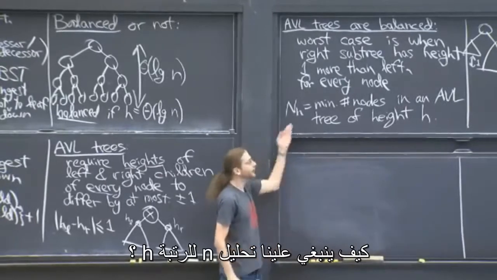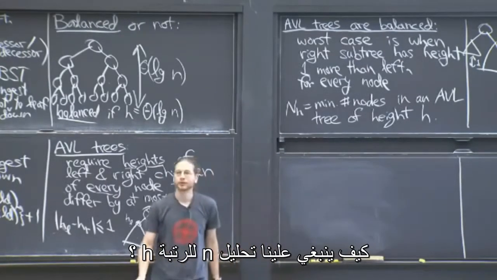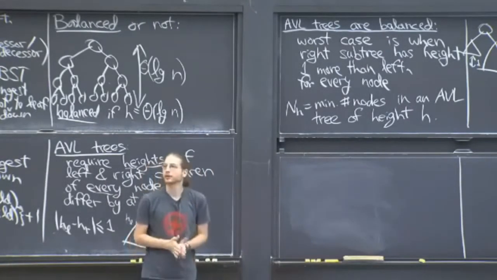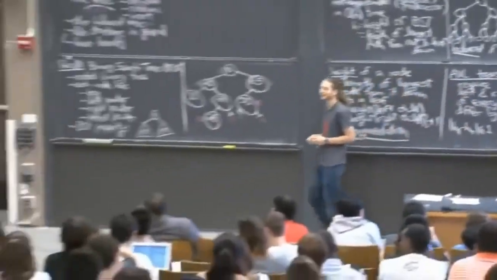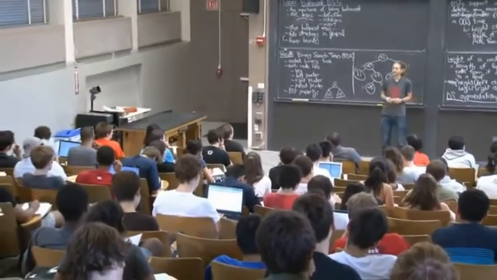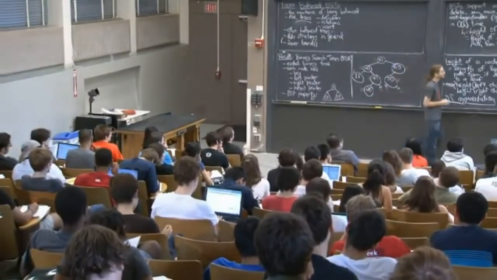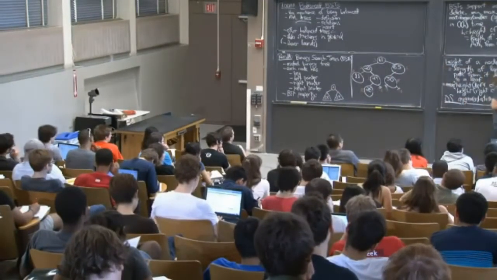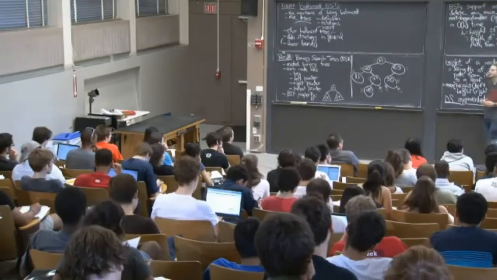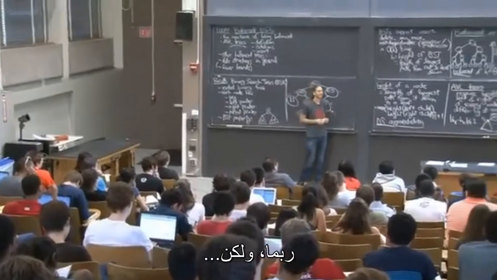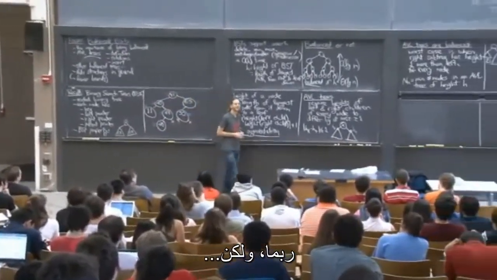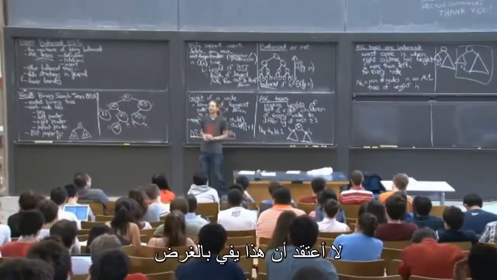How should we analyze n sub h? I hear something. Yeah? Maybe, but I don't think that'll quite work out.